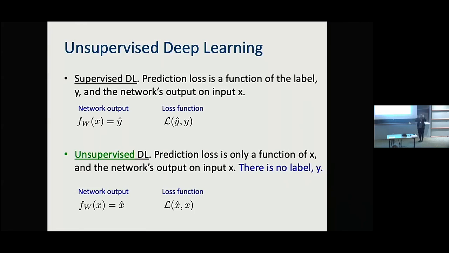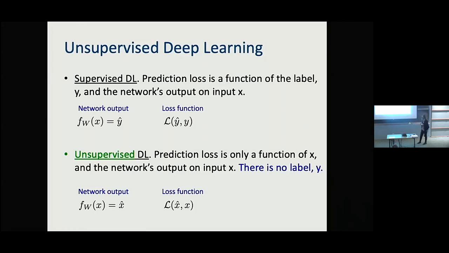So if you buy that, then what do you do when you want to write down an objective function, but you don't have these labels y? And hopefully this should free you up to work in domains where you don't have data conveniently labeled for some supervised learning task.